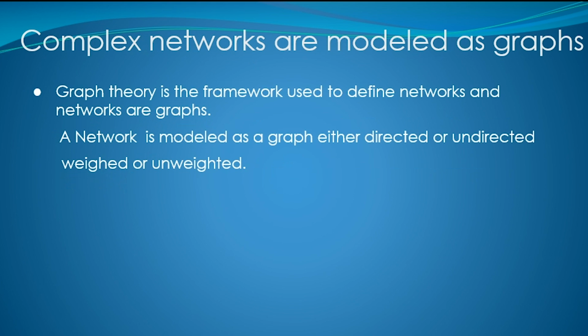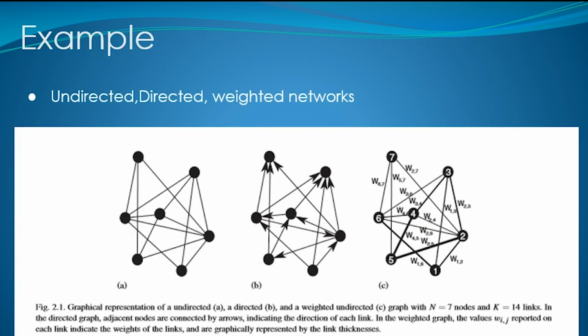Many of you may have studied graph theory, at least know what is a graph. This is basically a graphical representation of a network. There will be some nodes, we call them vertices or nodes, and there will be edges. Edges will be representing some kind of relationship between the vertices. And there are many possibilities.